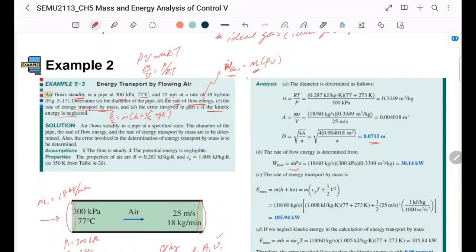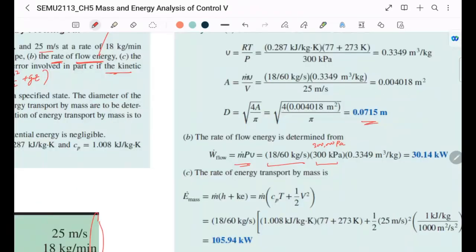So m dot P, SI unit again. Okay, I myself, I would always write it in a SI unit. And then specific volume.